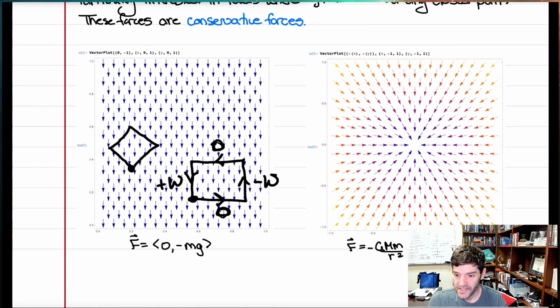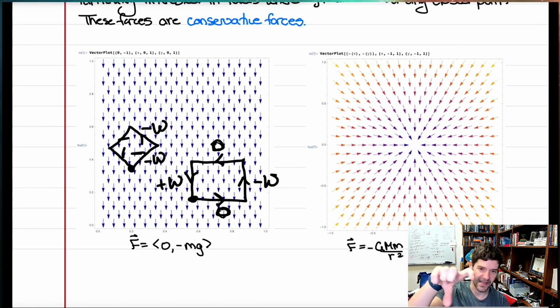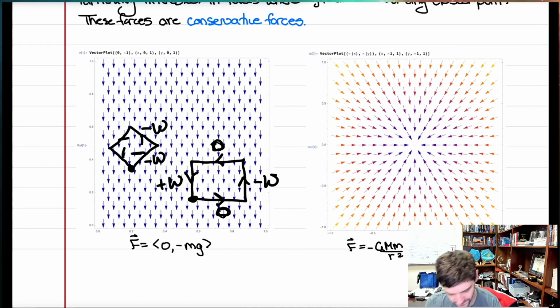Well, again, by symmetry, it seems like this is going to have some sort of negative W work if I'm going counterclockwise. Similarly, this is probably going to be negative W work, again, by the symmetry of the situation. It's the same length of path, and you're at the same angle relative to the force vector. And then these are going to give you positive W on each side. And they're going to all add up to 0.